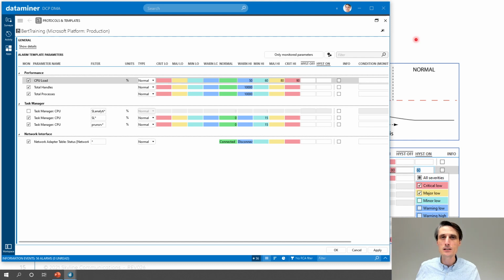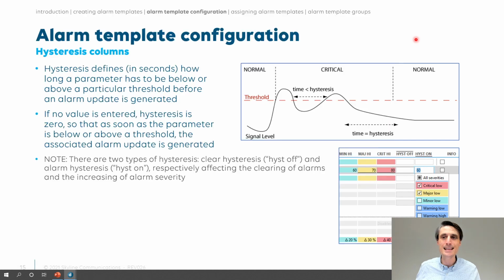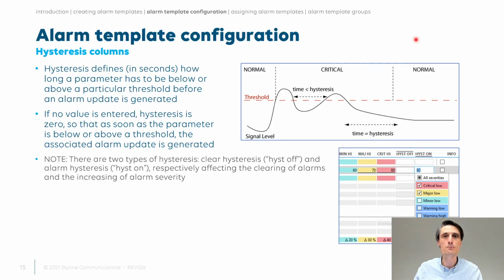I already explained in the DMS introduction that a hysteresis is basically a delay on the alarm generation or the alarm clearing. I can simply specify a number of seconds that the DataMiner system must wait before effectively generating the alarm.